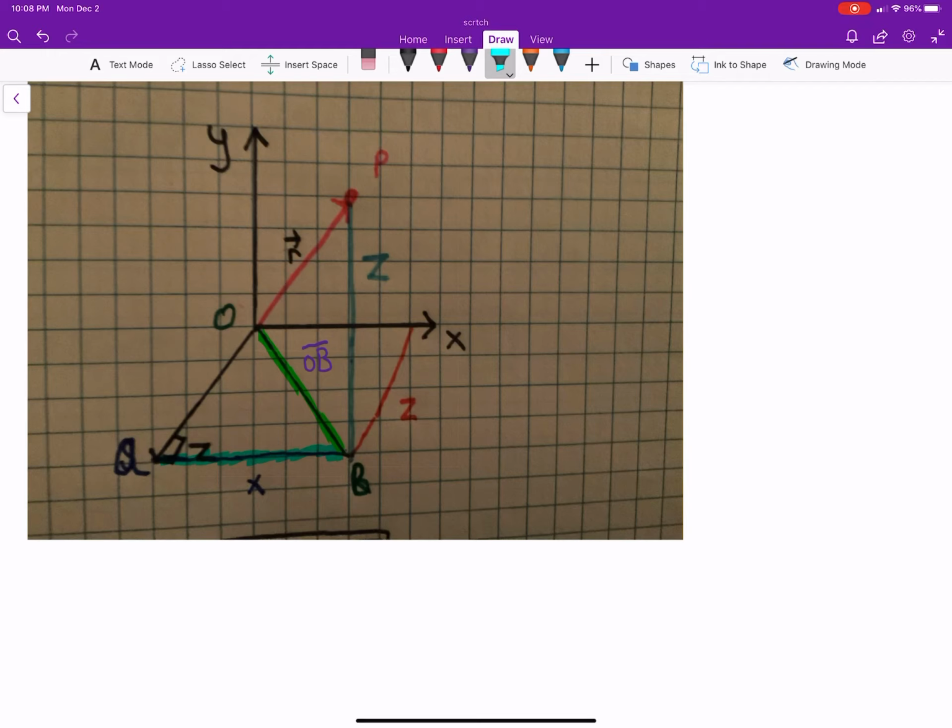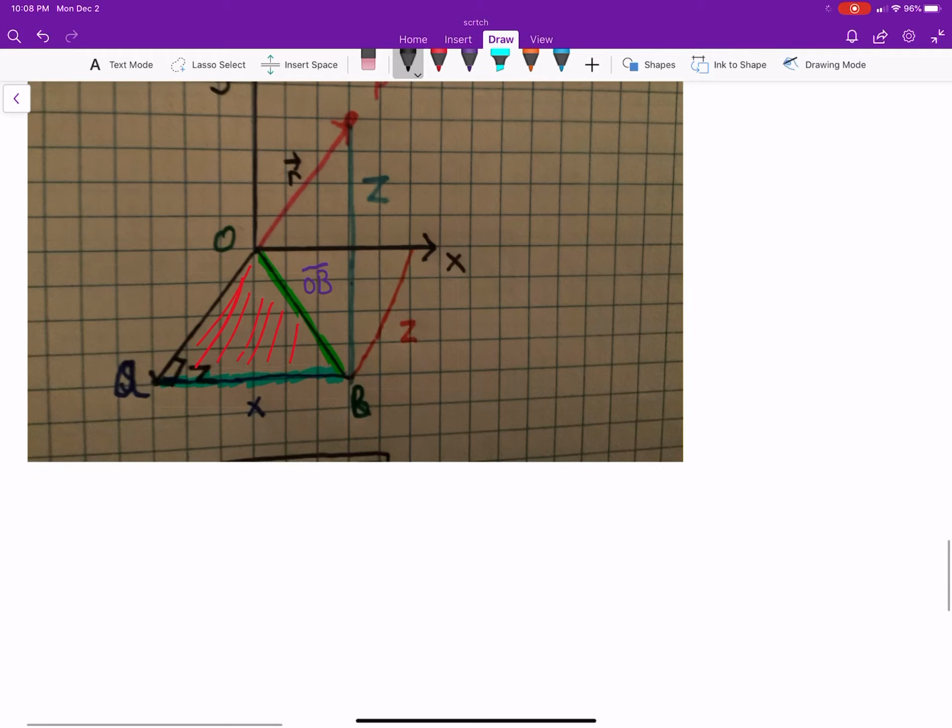If you were to look at just this triangle, we can find the line segment OB, because this is the hypotenuse, right? I'm going to drop the line segment notation. We can say OB squared is equal to the square of our other two sides.